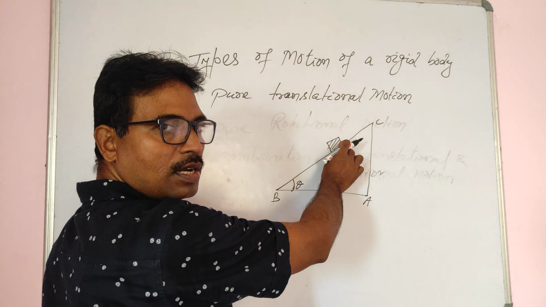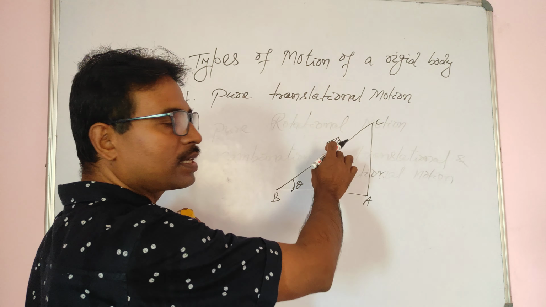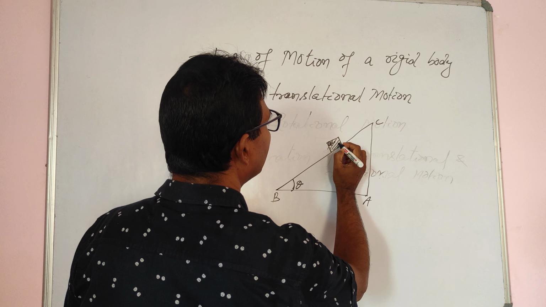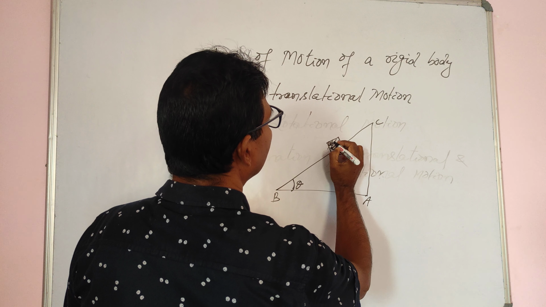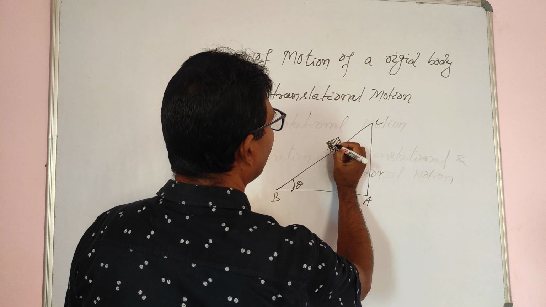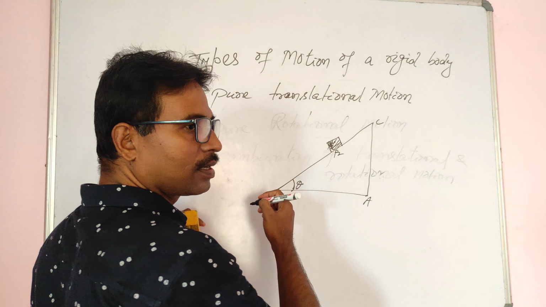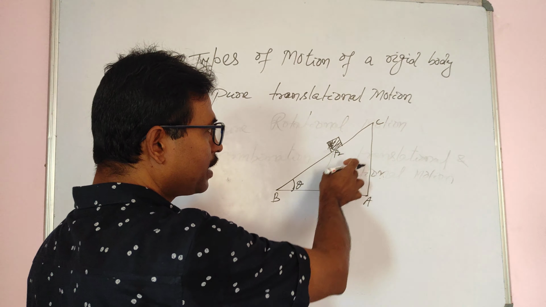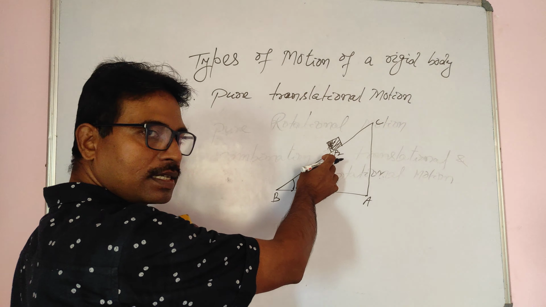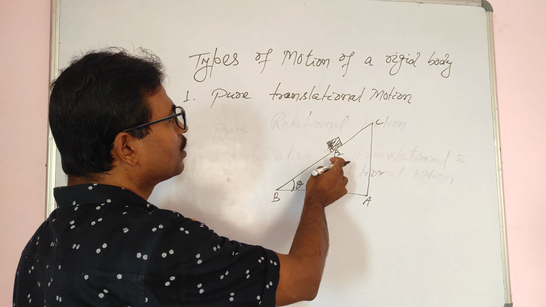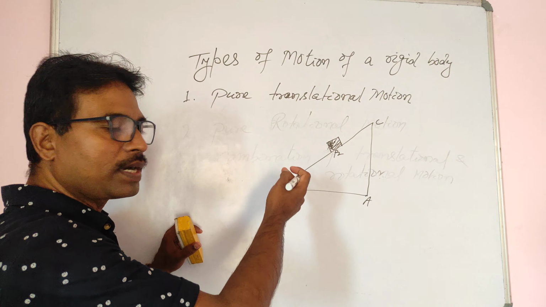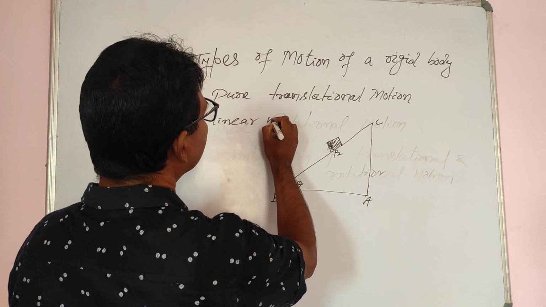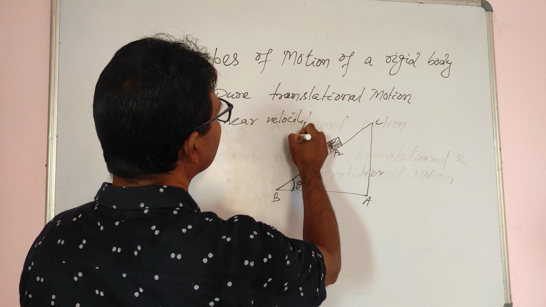That block is an object that consists of a number of particles. You just consider two particles: this is particle P1, and this is particle P2. When you keep that rectangular block on the inclined plane, it slides down. What will happen? The linear velocity of all particles remains constant, the same.